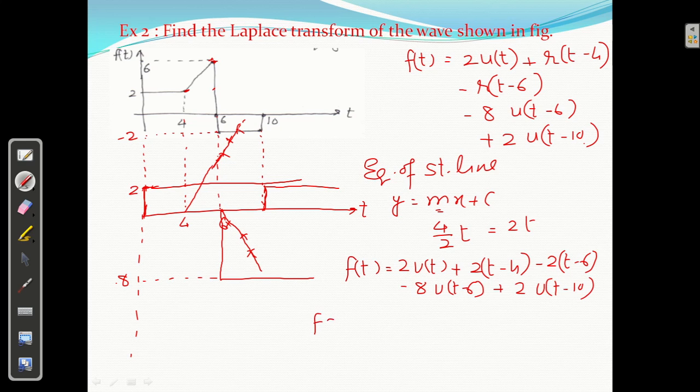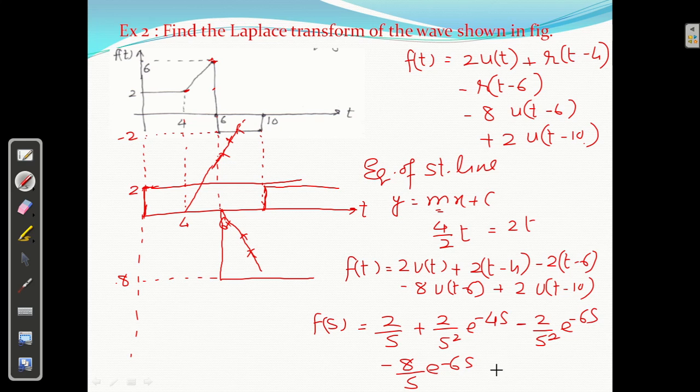So F of s, Laplace transform of this equal to 2 upon s plus, this is ramp function, so 2 upon s square e raised to minus 4s, because it is divided by 4, minus 2 upon s square, it is ramp function, divided by 6, minus 8 upon s, it is step function, divided by 6, plus 2 upon s, step function, e raised to minus 10s.